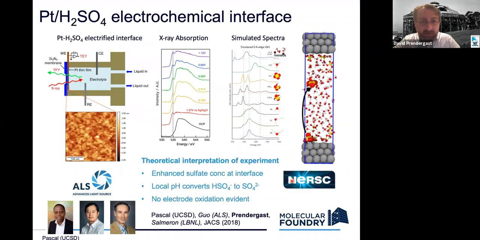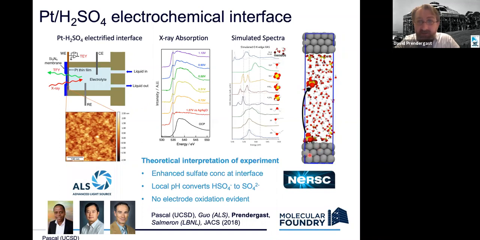We've moved on a lot since then and started to look at non-homogeneous systems. So we're particularly interested in interfaces, since most of the functioning aspects of materials occur at their interfaces. And so thanks to lots of experimental developments that are happening simultaneously at Berkeley Lab, allowing us to look directly at X-ray spectroscopy of interfaces, we've been able to explore many different aspects of, let's say, functioning electrochemical systems.